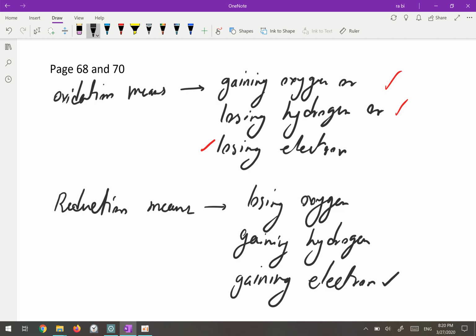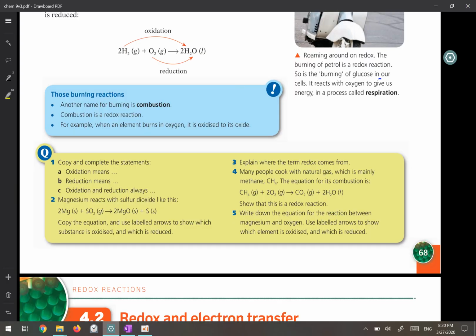So this definition is more complete. Okay, next part, it says oxidation and reduction always take place together. So you cannot have only oxidation or only reduction. You must have the oxidation and reduction together.